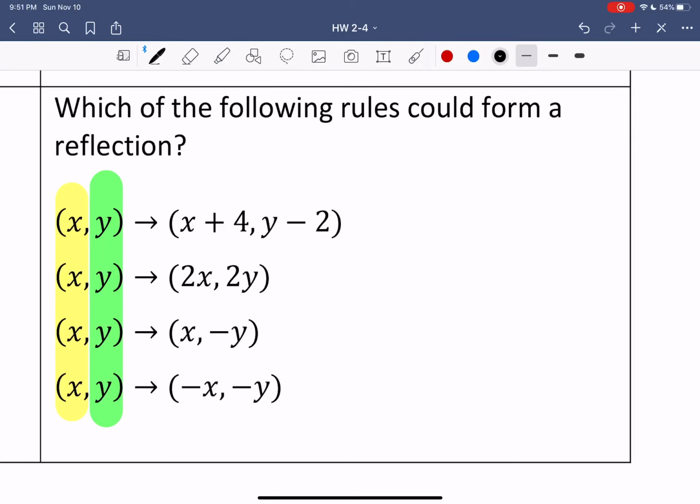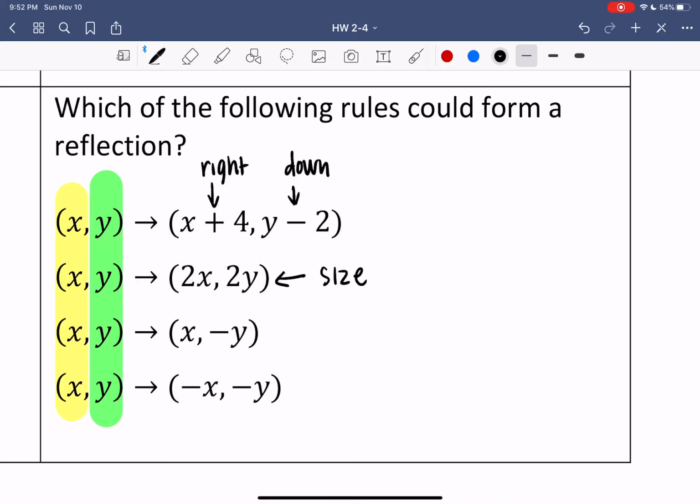So in this one, they're saying that the x is moving right 4 and down 2. So that would not be a reflection, because then it would be changing its location without just taking a mirror image of it. This multiplication one would be changing the size, which is not what a reflection is.